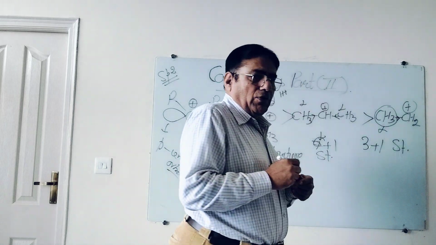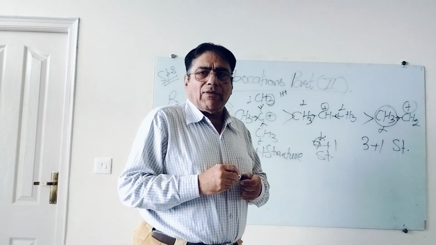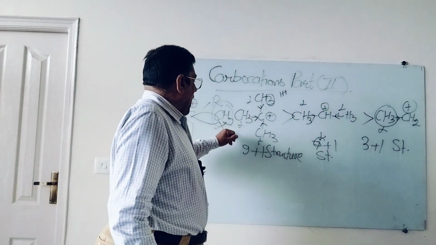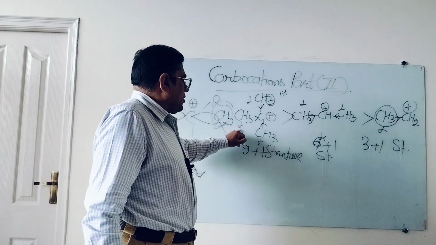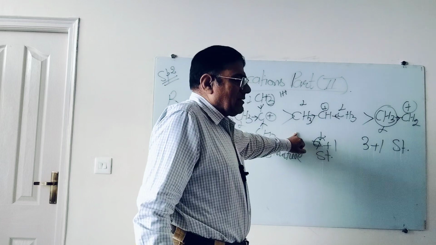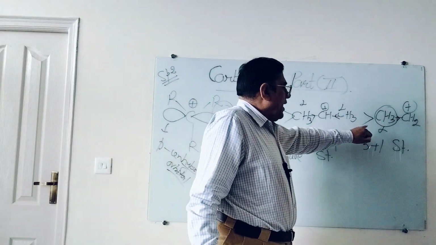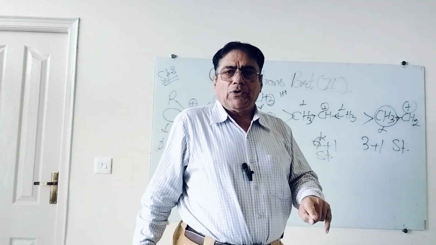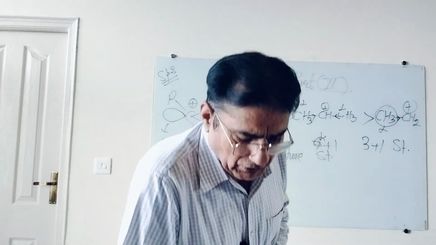So according to inductive effect as well as hyperconjugation, among the three, tertiary butyl is the most stable, isopropyl is less stable than tertiary butyl, and ethyl is the least stable.